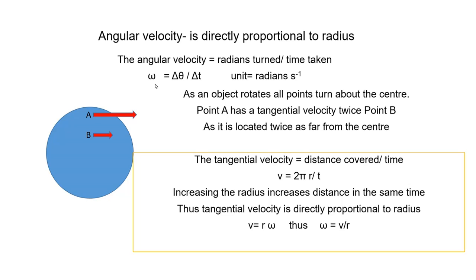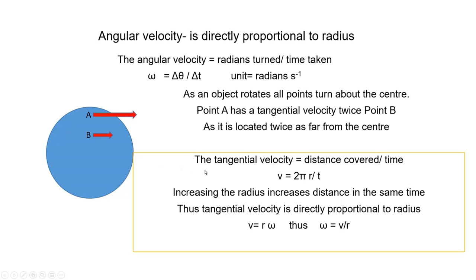So what we have now here is object A is twice as far out from the center as B, therefore this is its instantaneous velocity vector and it's twice as large. So there's this directly proportional relationship between any point on a circle and its velocity when it rotates.